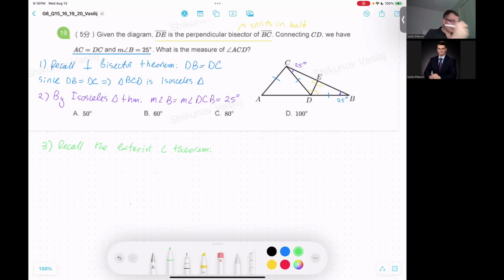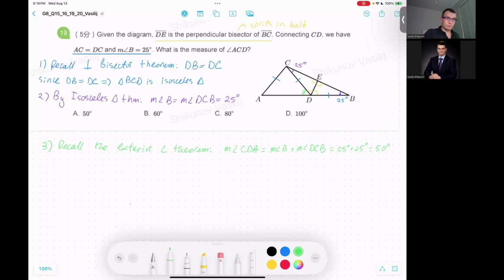So if we're talking about this angle right here, what would be the two remote interior angles? That would be angle B and angle DCB. So measure of angle CDA is equal to measure of angle B plus measure of angle DCB, which is 25 plus 25 degrees, equal to 50 degrees.